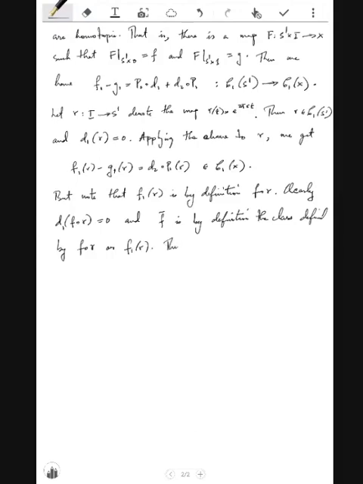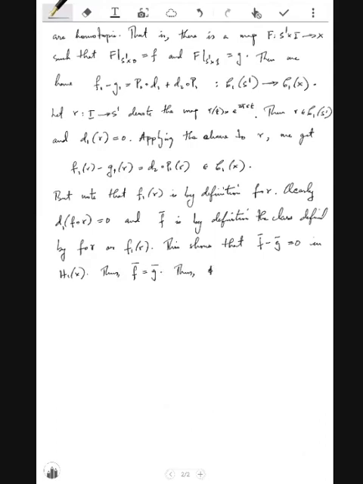So this shows that f bar minus g bar is equal to 0 in H1(X). Thus f bar is equal to g bar.